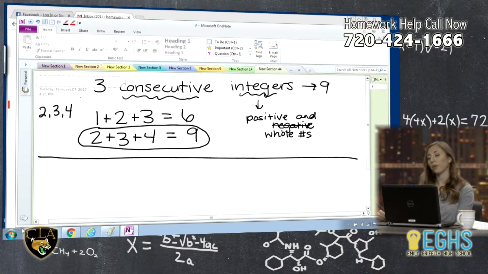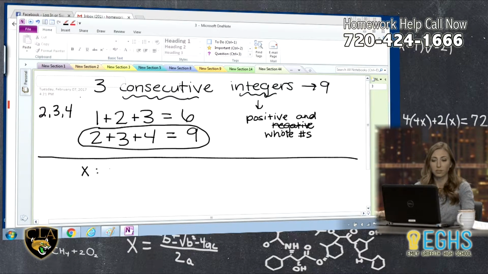Okay, so if I were to represent consecutive integers, back to the previous question, I mentioned that coming up with an equation is a lot of times your key to solving something. So that's what we're going to try to do. First I'm going to define my unknowns. I don't know what the first number is, so we're going to call that x.